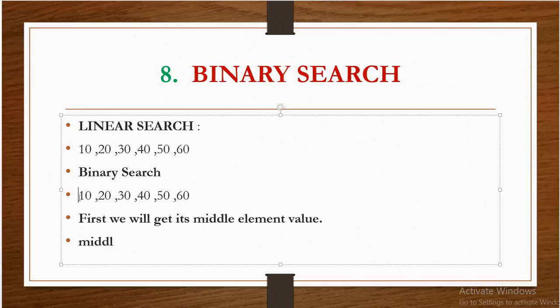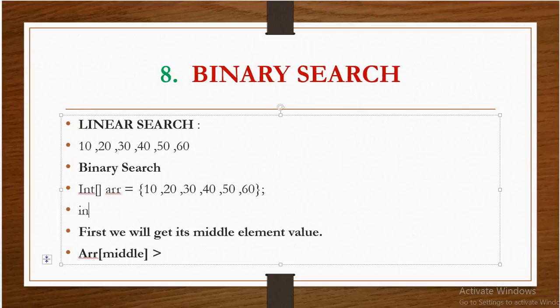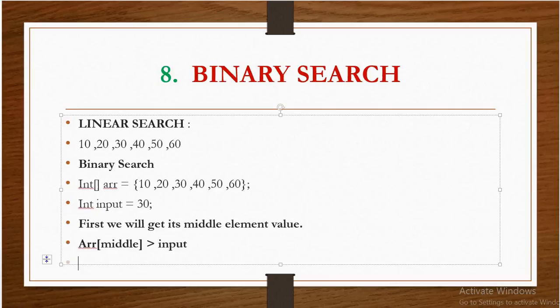For example, it's an array, if the array's middle element value is greater than the user input. Int input is equal to 30, which is greater than the user input.